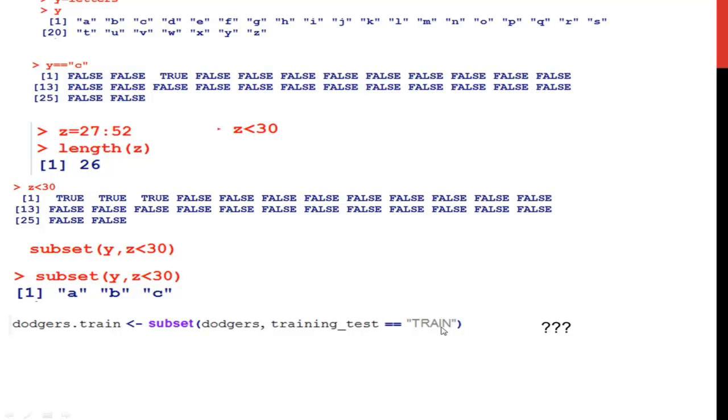Right? Everyone agree? So which ones are going to be true? The ones where train was 1. So it's where we had the 1s in that permutation vector, right?